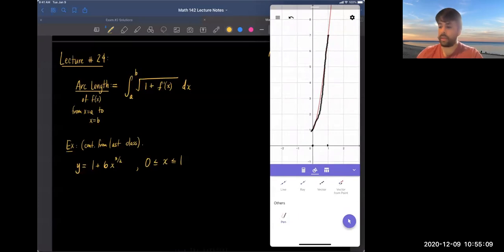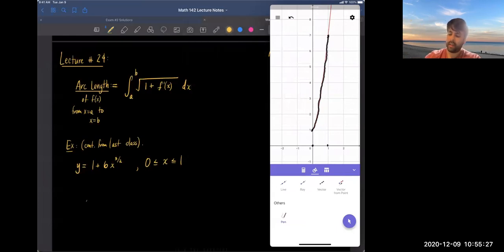That's what I want to figure out. What is this portion of my curve? How long is it if I were to use a string to arrange it on top of that? How long of a string should I take?